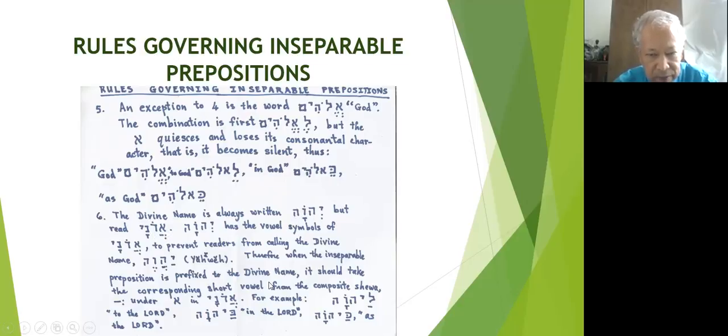So when you put the preposition Lamed before Yahweh, you give the preposition the Pathak, because it is the same as the Pathak that is part of the composite shewa under Aleph. So Pathak comes here. This is not pronounced because it loses its pronunciation.